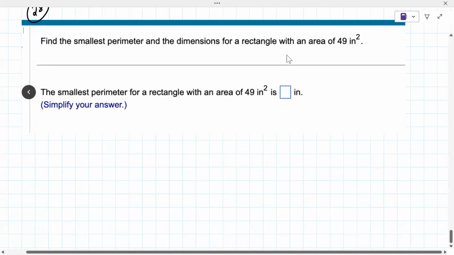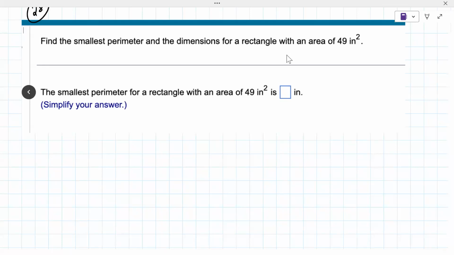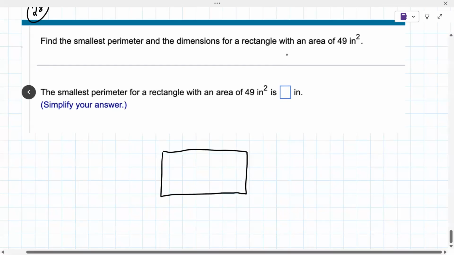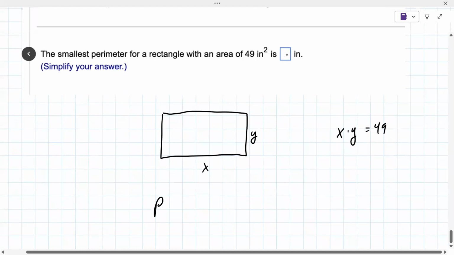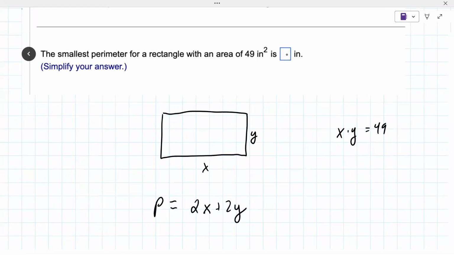I want to do this. There's a shortcut here. First, if you just do a standard rectangle, this is X, this is Y. We know that X times Y equals 49. And we know that the perimeter is 2X plus 2Y.